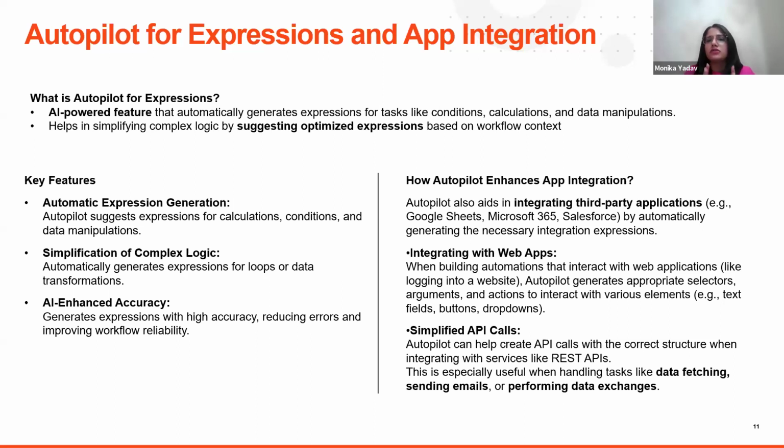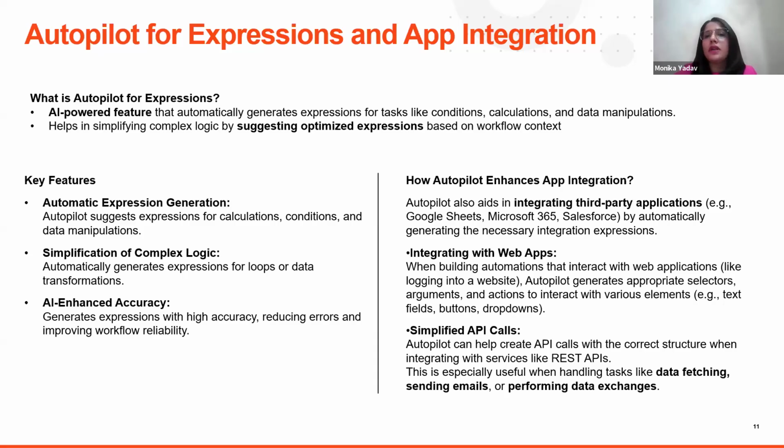Autopilot can structure the JSON, set the headers, and parse the response, all in a few clicks, without you writing raw HTTP logic. It has done the work for you and made your work easier. So now you just have to enter a few inputs and you're good to go, right?